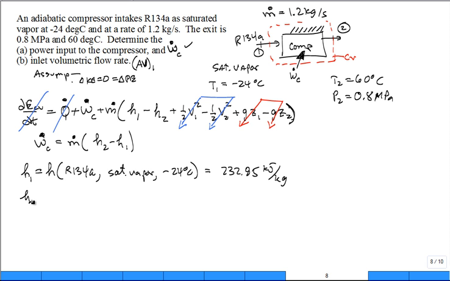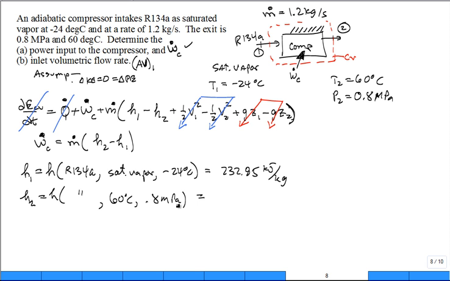Enthalpy of 2, all right? It's the enthalpy of the refrigerant. Get in the right table. Don't go to propane or ammonia or steam or anywhere else. Get the refrigerant 134A. And it's at a temperature of 60 degrees C and a pressure of 0.8 megapascal. It's superheated.